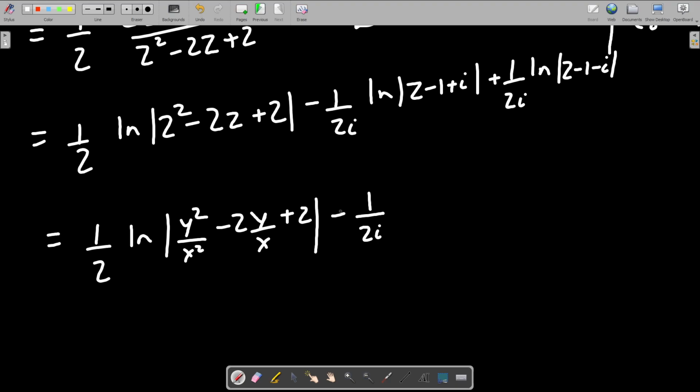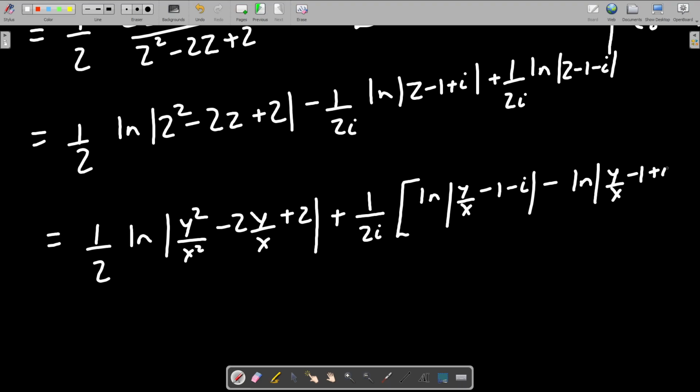And this is going to be ln of y by x minus 1 minus i minus ln of y by x minus 1 plus i. So this is log of a minus log of b, so that will become a ratio over there, and this will just cross multiply.